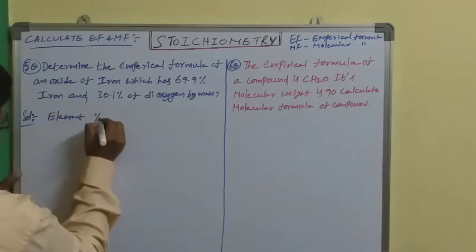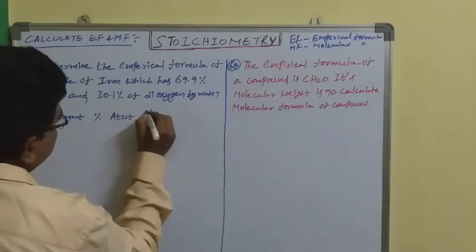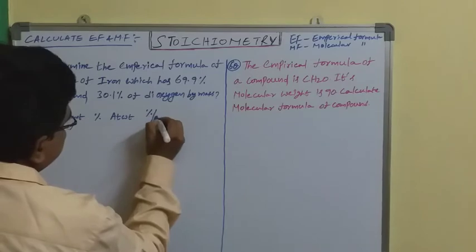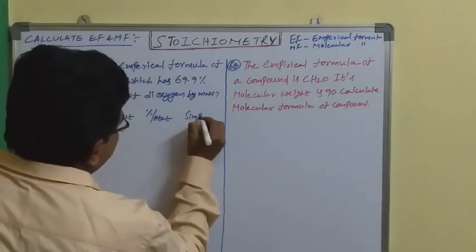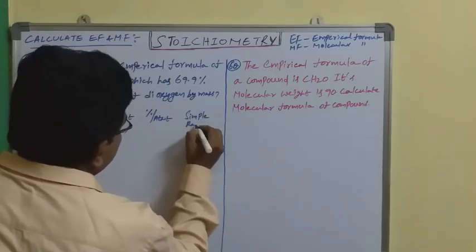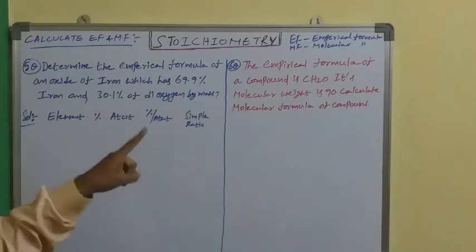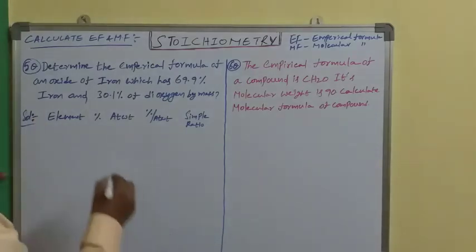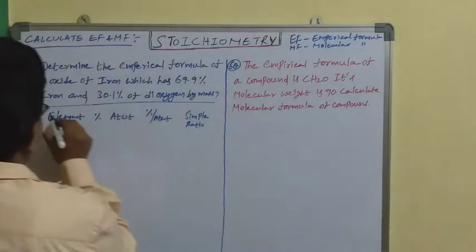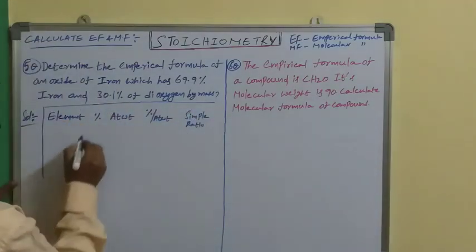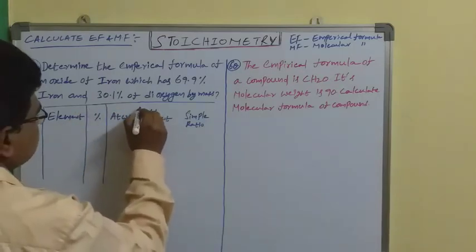Element, percentage, atomic weight, percentage by atomic weight, simple ratio. So now I draw the tabular form. This is the tabular form, to make it easy to calculate and easy to understand.